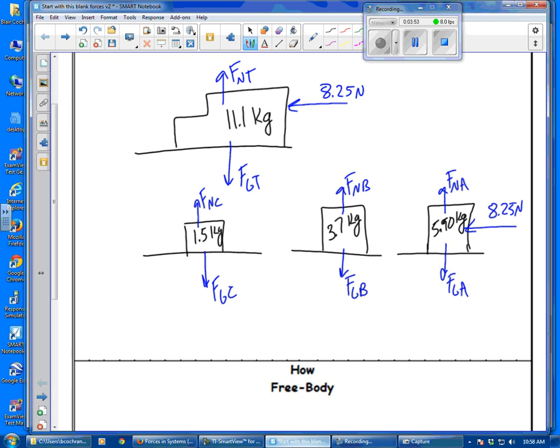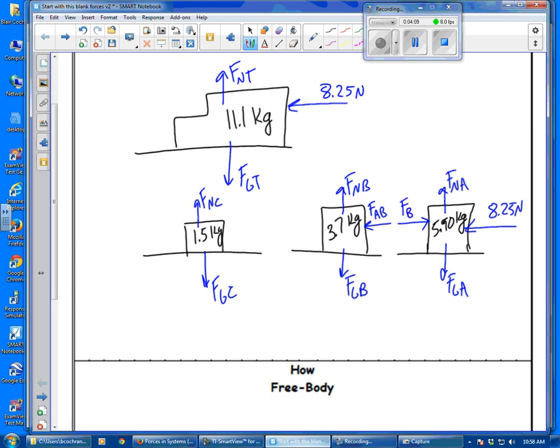So if A is being pushed, that means A pushes on B. Let's call that force A pushing on B. But that means that B pushes back on A by Newton's third law.